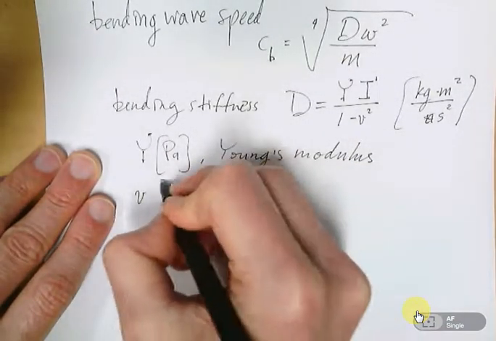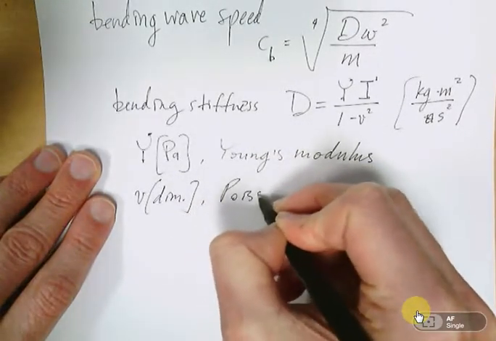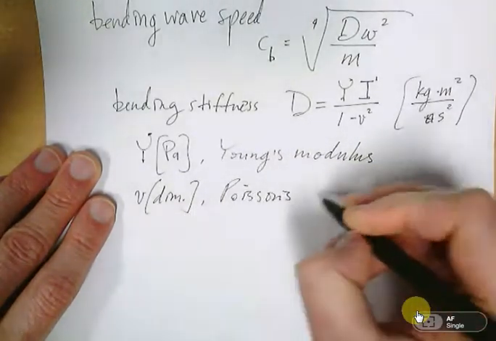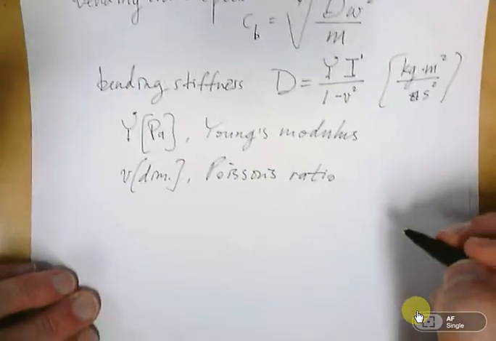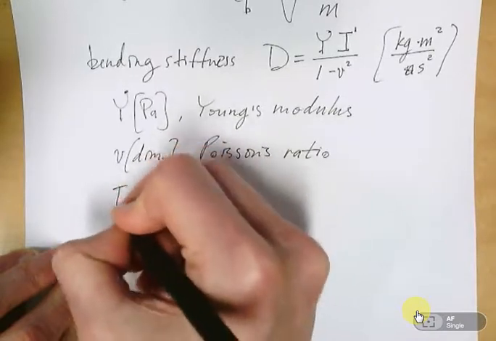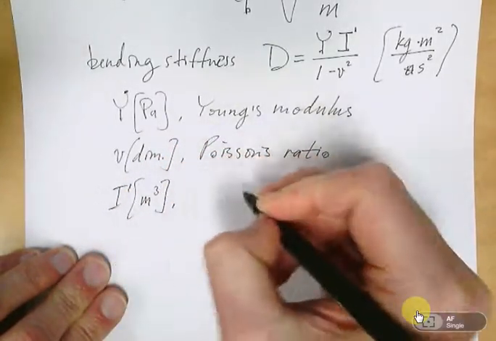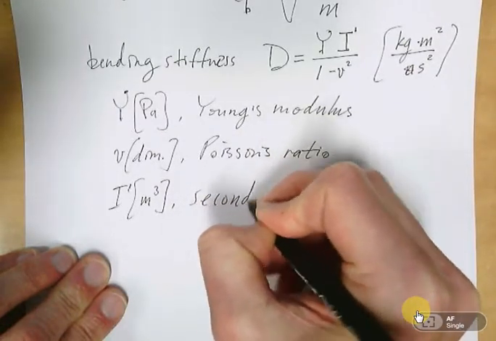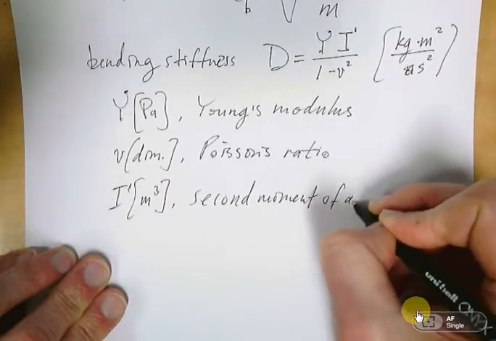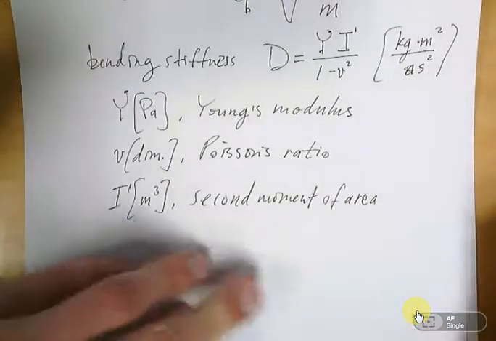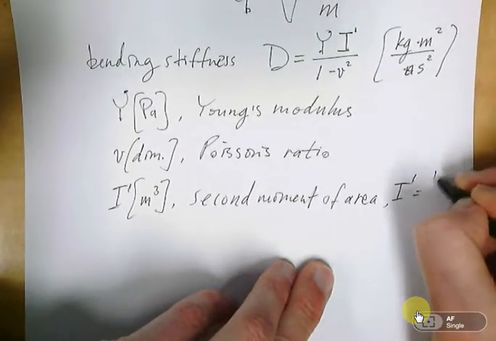Nu, which is dimensionless, because it's the Poisson's ratio. And I prime, which is the second moment of area, having meters cubed as its units. So for a panel of thickness h, I prime is h cubed on 12.